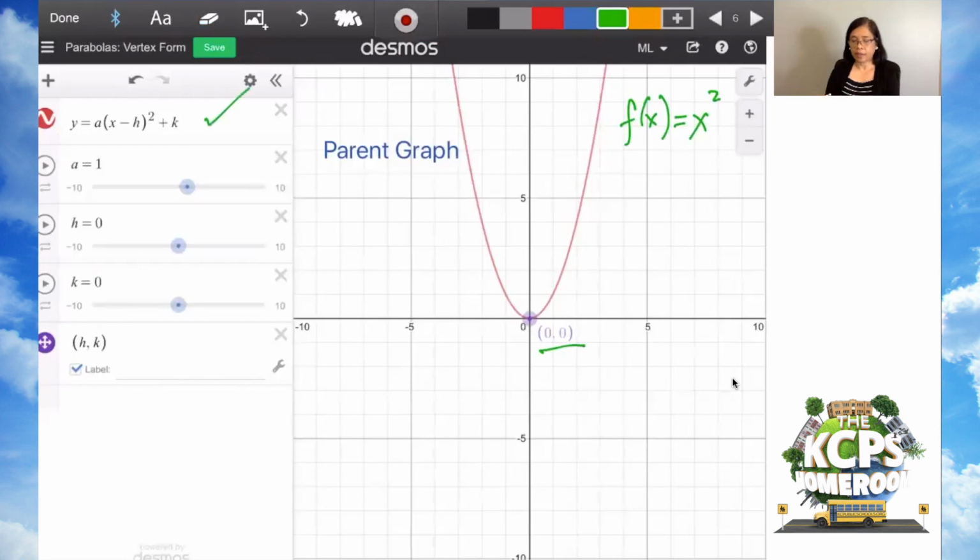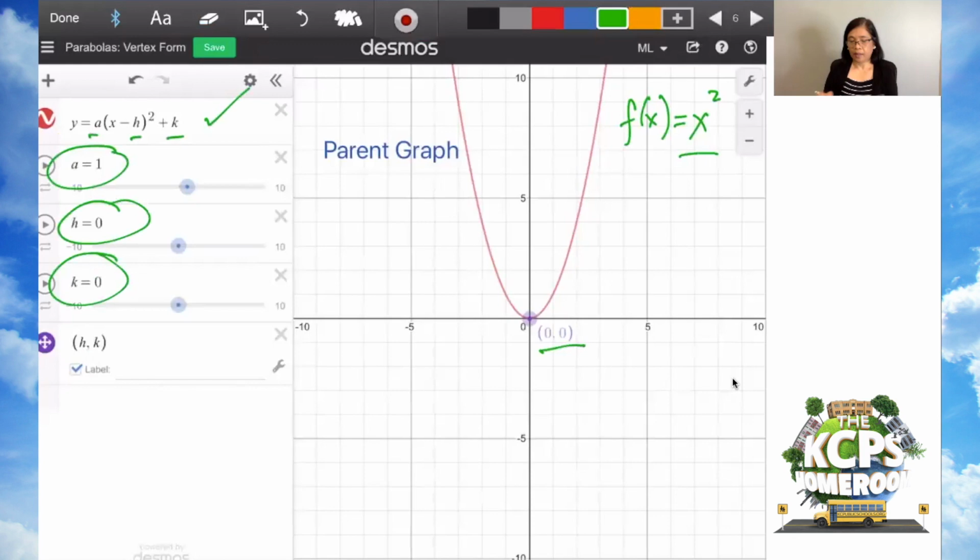So this is now our original graph, x squared. You now have a, h, and k here. Our value for a is 1, h is 0, and k is 0. So we are going to change the values of a, h, and k and figure out what transformation occurs.